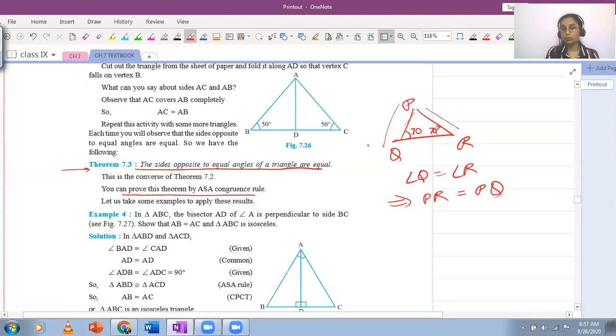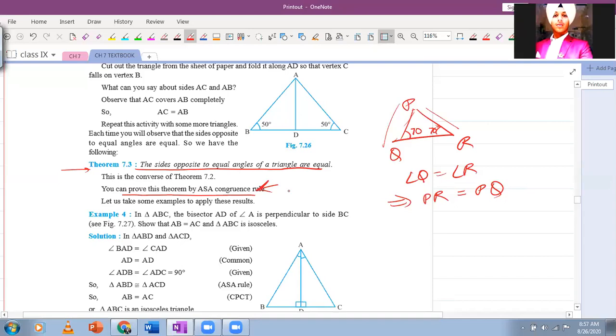Now you can think of the comparison between the proofs of the previous theorem and this one. Like in the previous theorem, theorem 7.2, there three different criteria were applicable. Whereas in this particular case, see if this is the only criteria which is applicable, or you can do it with any other method also. And by AAS also. ASA and AAS, I would suggest it's the same actually.